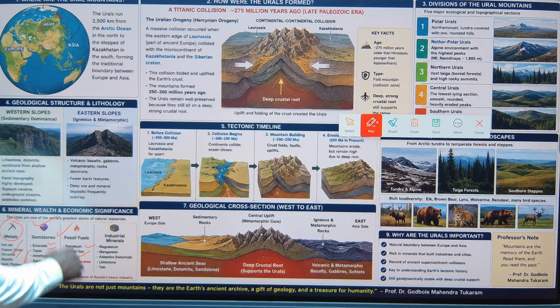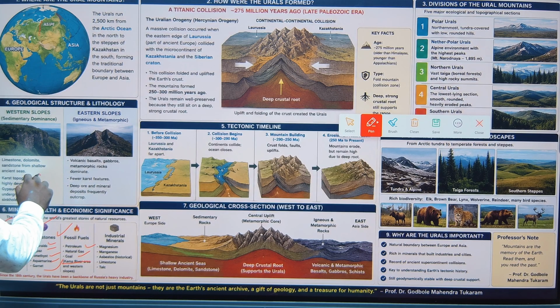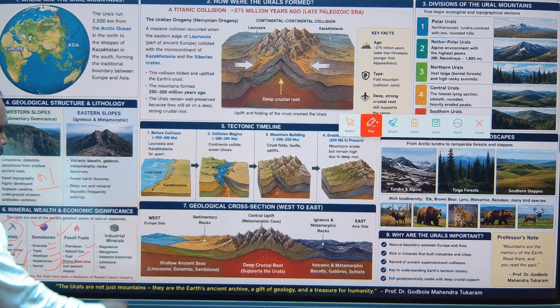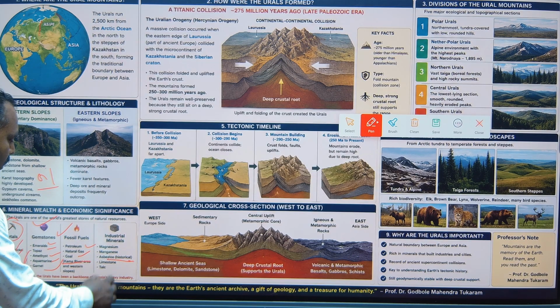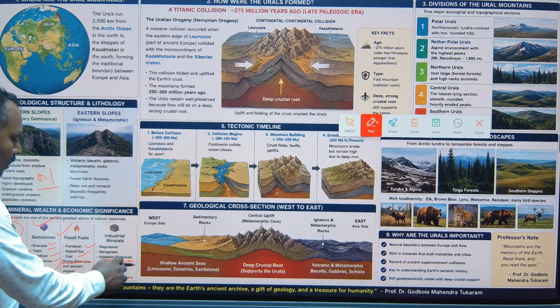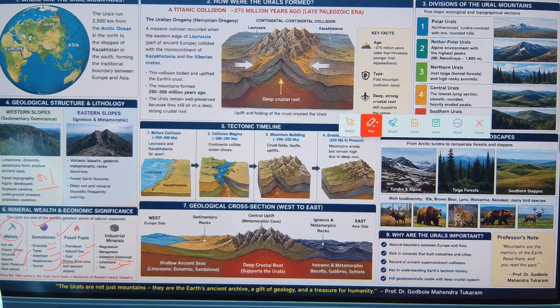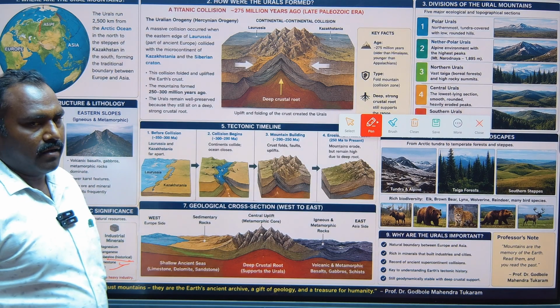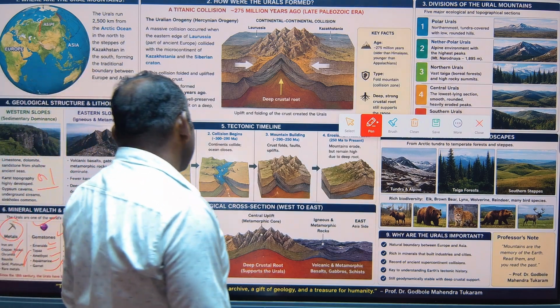Oil is prone to the western slope. Then there are industrial minerals: manganese, magnesium, asbestos, which are historical, then limestones and talc. These are minerals which can form in high pressure and high temperature regions.